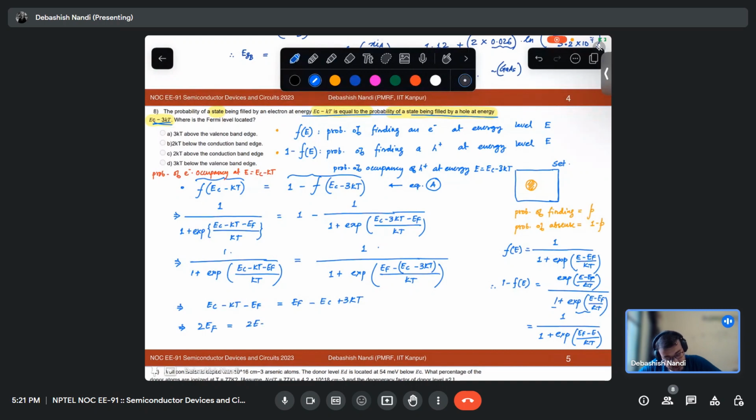So your EF would be EC minus 2KT. So B is your right option, 2KT below the conduction band edge. The main crux of this problem lies at this place. If you understood this, then it is very simple.